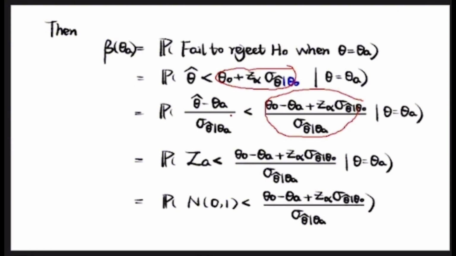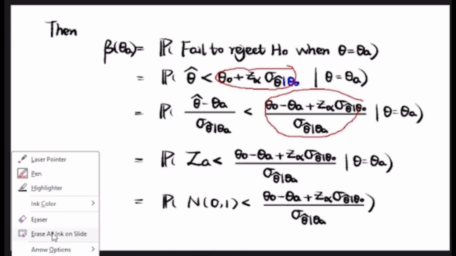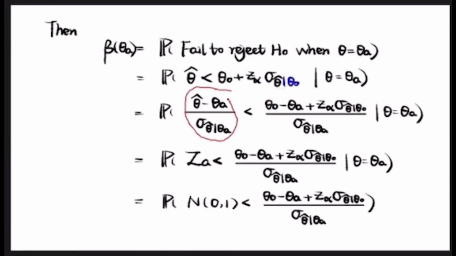Take a look at that, and when we do that, this will automatically qualify to be a z-score. And what kind of z-score is that? That will be the z-score for when the alternative is true. Why?